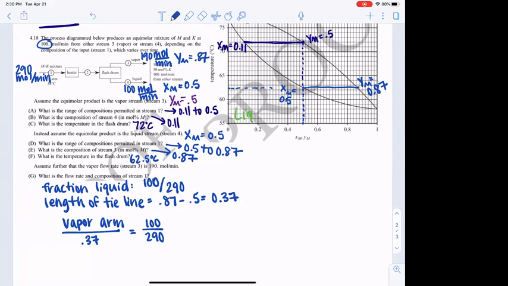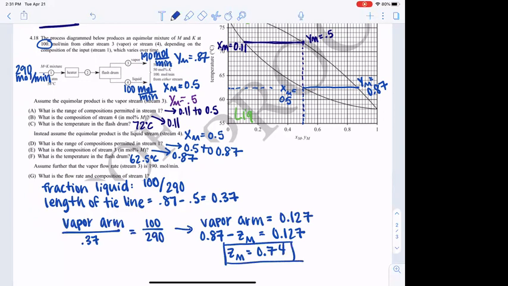And so if we just multiply 100 over 290 times 0.37, we get that our vapor arm has a length of 0.127. And then we know where our vapor arm ends. It ends at Ym equals 0.87. So the length of our vapor arm is 0.87 minus Zm. So just remember that Zm is our mole fraction of our feed. So that's the length of our vapor arm. It equals 0.127. And so we can solve for Zm equals 0.74.